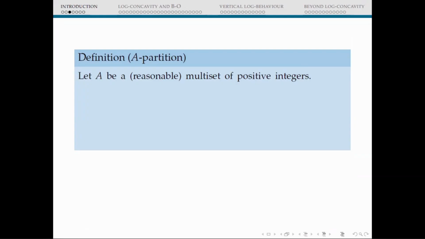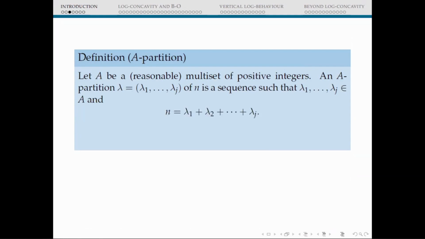So we have a fixed multiset or set of positive integers, and now we consider only partitions of n for which the parts, or the elements of the sequence, belong to A, and their sum is equal to n. Of course, because some elements from the multiset may be repeated, we want to distinguish them somehow. We, for instance, can assign a unique color to each number of this multiset.